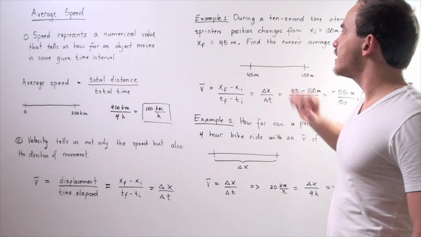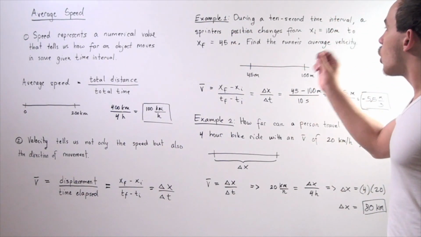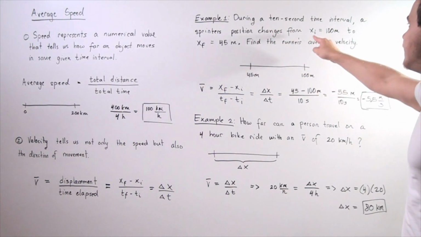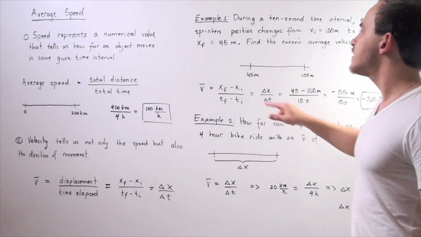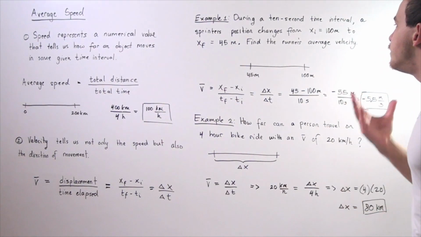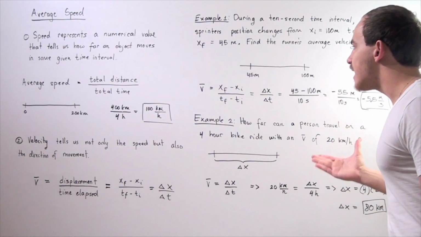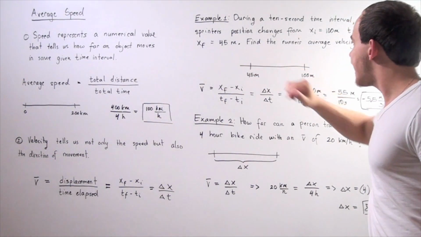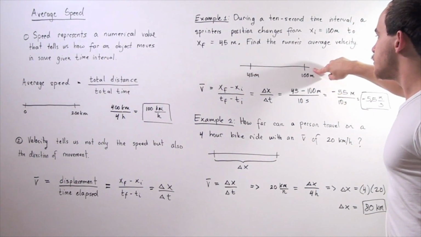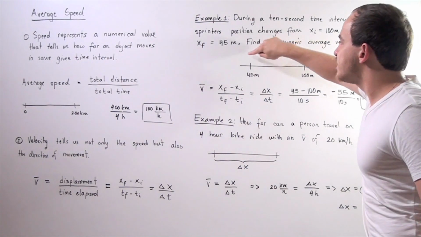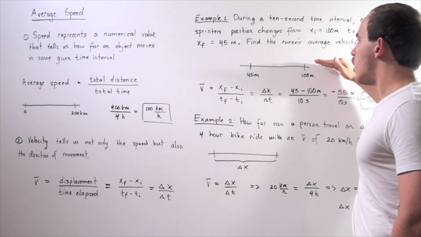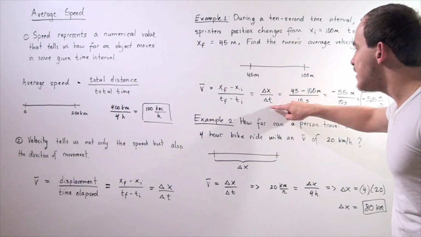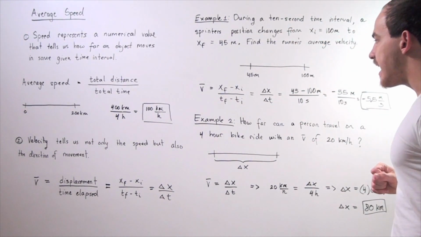So let's look at example 1. During a 10-second time interval, a sprinter's position changes from x initial 100 meters to x final 45 meters. Find the runner's average velocity. So our runner begins at 100 meters along the x-axis, so our x initial, and our x final is 45 meters, and the total time it took, the change in t, is 10 seconds.